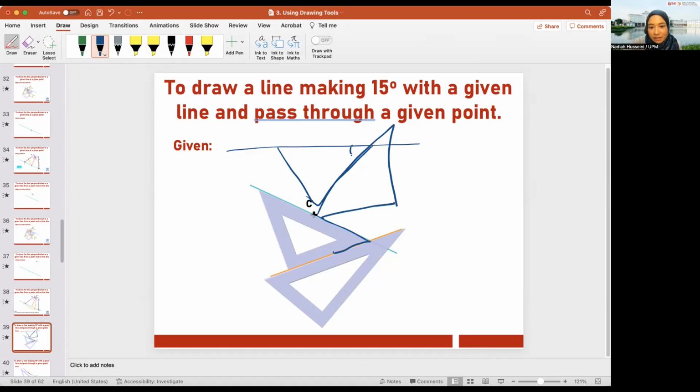So I'm asking this angle. What is the answer? Confused? Okay, 45. The answer is 45, even though there is 60.